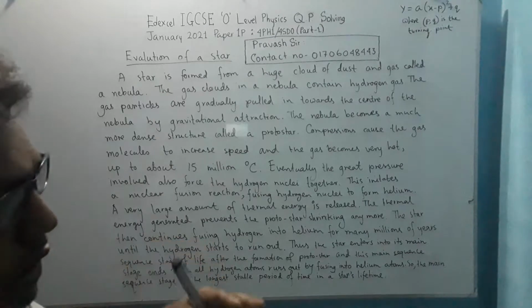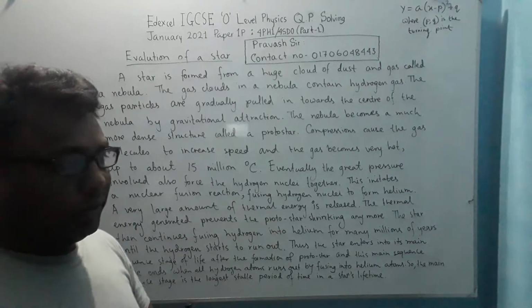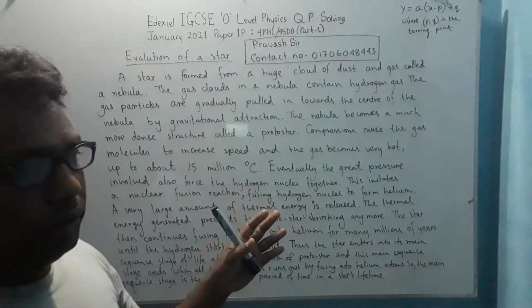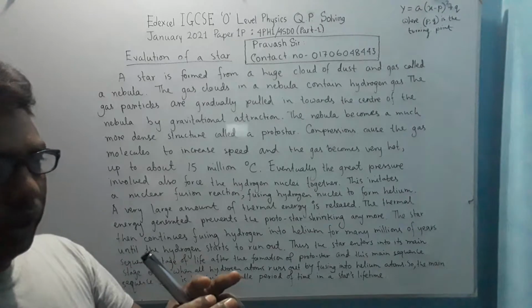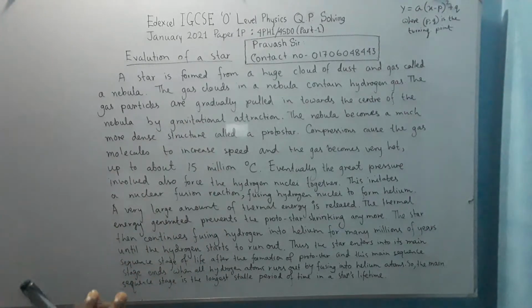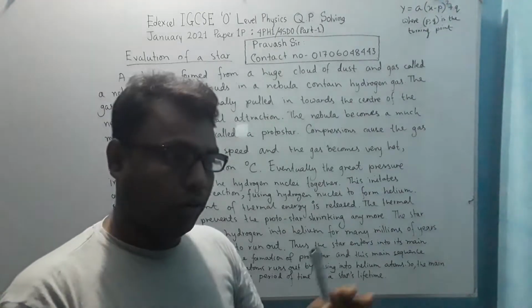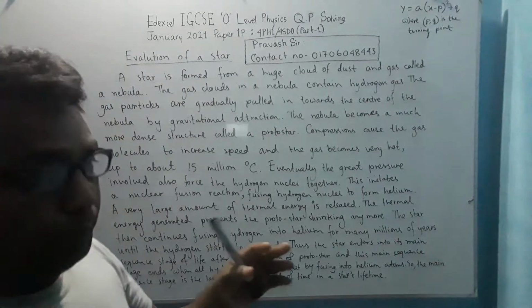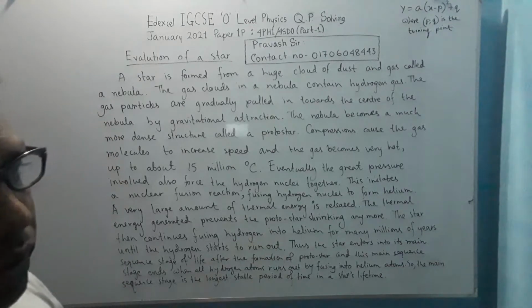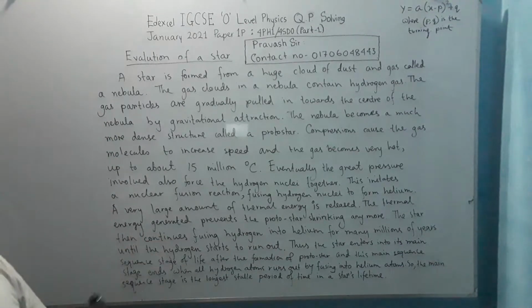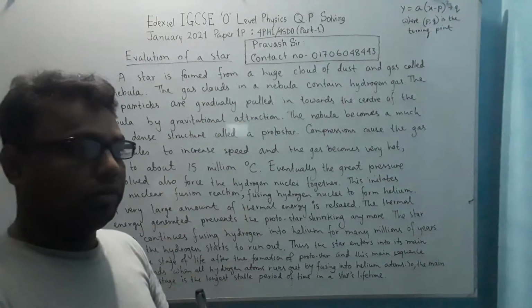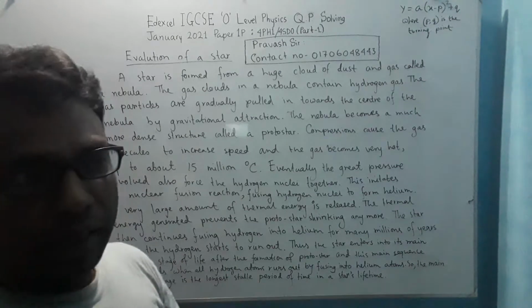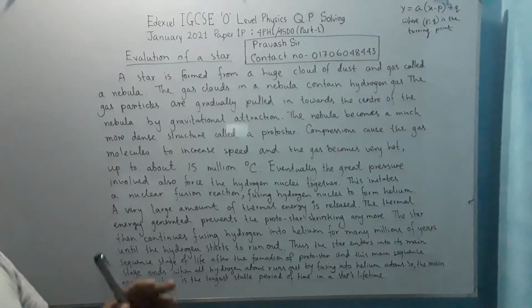If we consider the hydrogen gas particles as scattered from a point, when these gas particles are attracted, the GPE of the gas particles is converted into kinetic energy, because the distance between the gas particles becomes less as they are pulled towards the center.